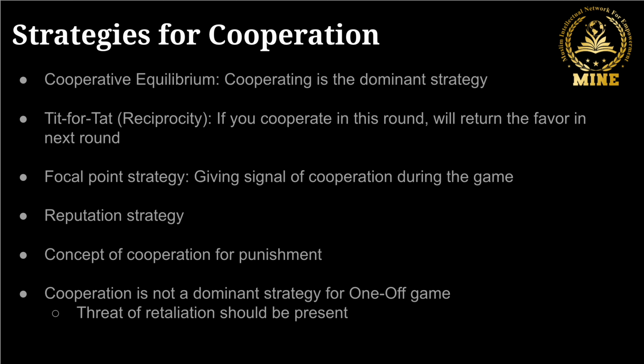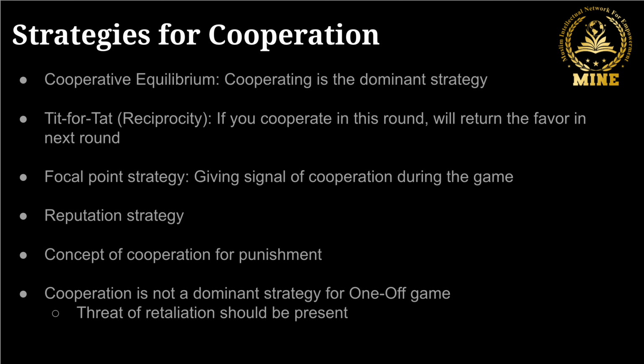So let's talk about strategies for cooperation now. There are occasions where cooperation is the best strategy. Especially in games involving cooperation, there is something called a cooperative equilibrium. A cooperative equilibrium refers to a situation where all players work together to achieve the best collective outcome rather than acting purely in their individual self-interest.